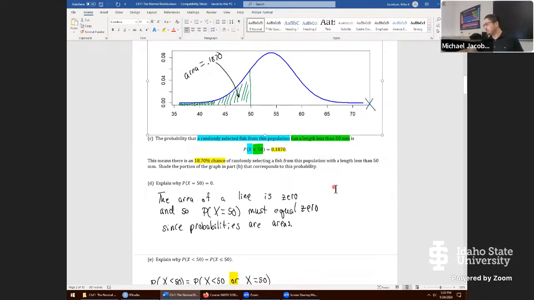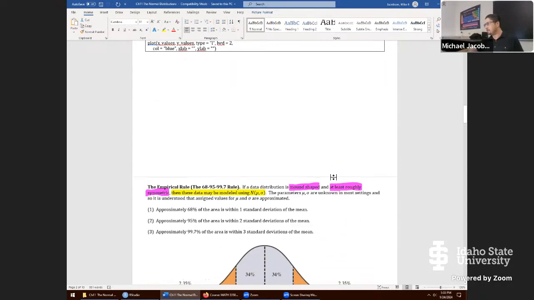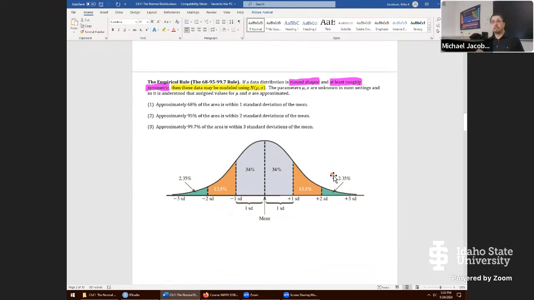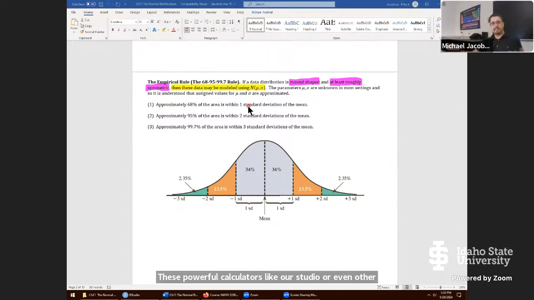Then what we did next was take a look at this picture, not because we're going to directly use this rule. It's almost silly to use that rule when we have really powerful calculators like RStudio or even other things. So we're not going to worry as much about using this rule, but it's still an interesting picture because it tells you the role that the standard deviation plays in controlling this curve. Standard deviation was meant to tell us how spread out our data is.